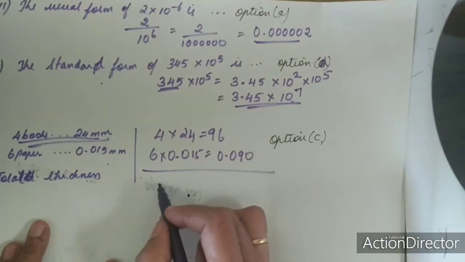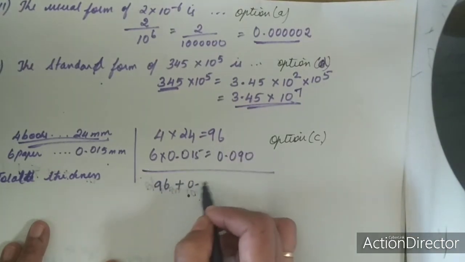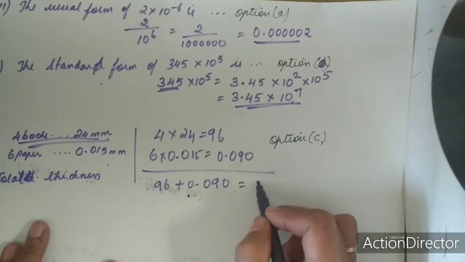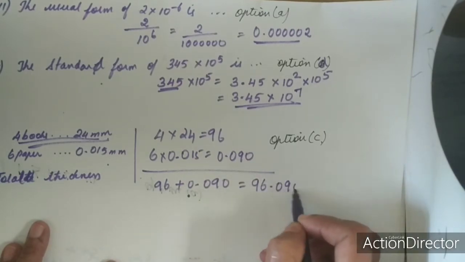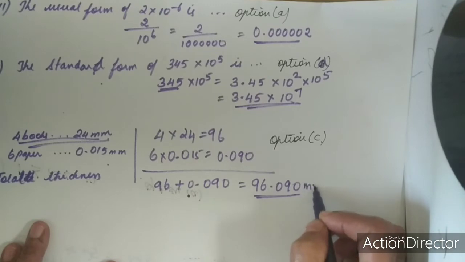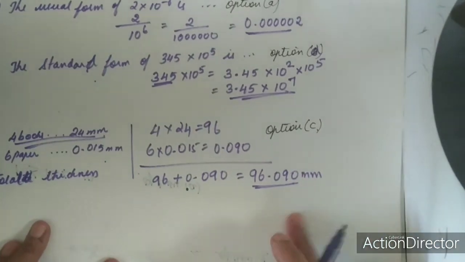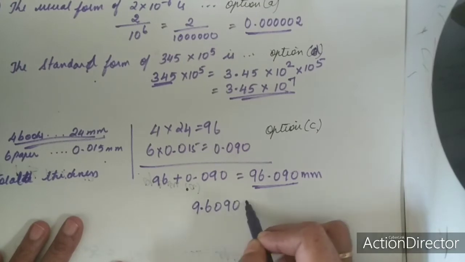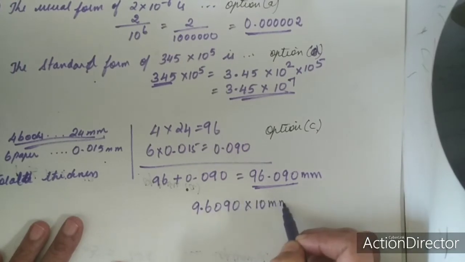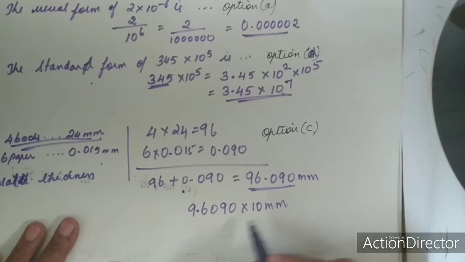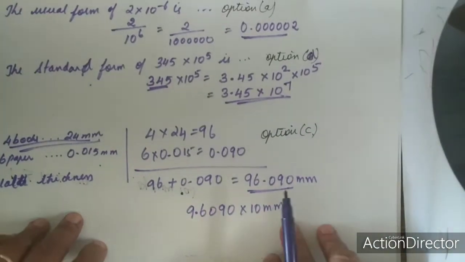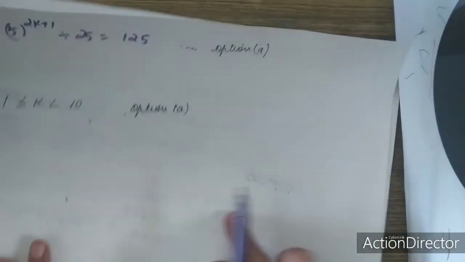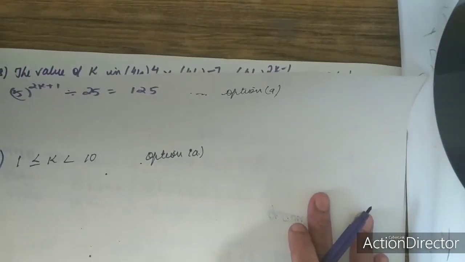So adding both, I'll be getting 96.090. This is my answer, but I want the answer in standard form. So my standard form will be 9.6090 into 10 millimeter. So my option C is right over here. Now moving on to the next question.